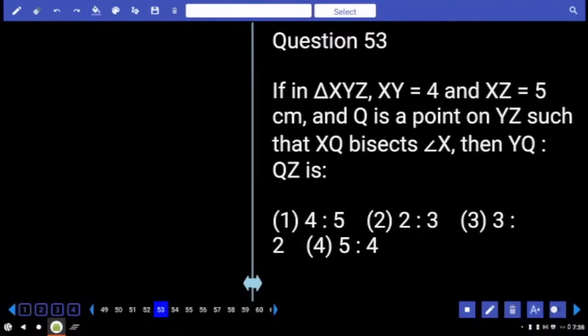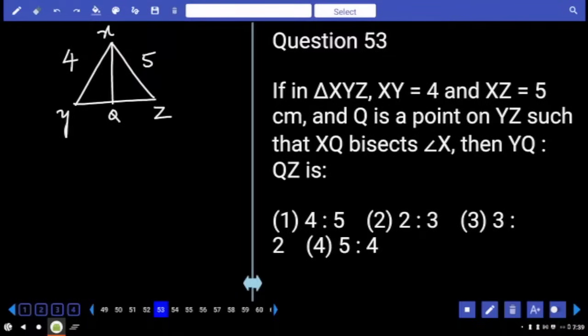If in triangle XYZ, XY is 4 and XZ is 5, Q is a point on YZ such that XQ bisects angle X, then YQ is to QZ ratio. XYZ triangle X, Y, Z. Q is a point on YZ such that it bisects X. This is Q. XY is 4, XZ is 5.